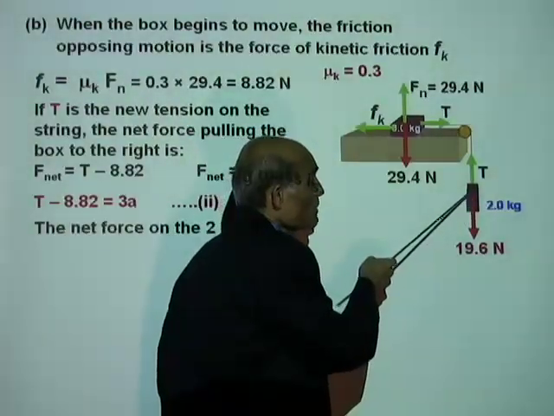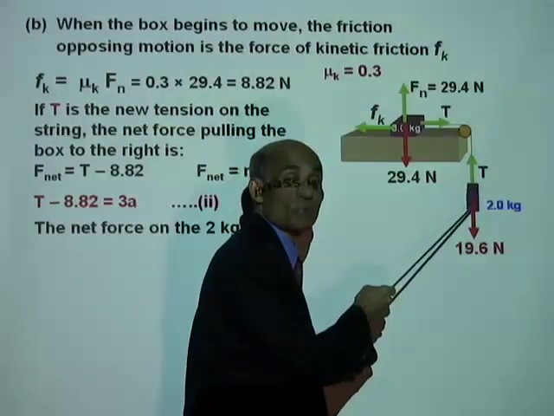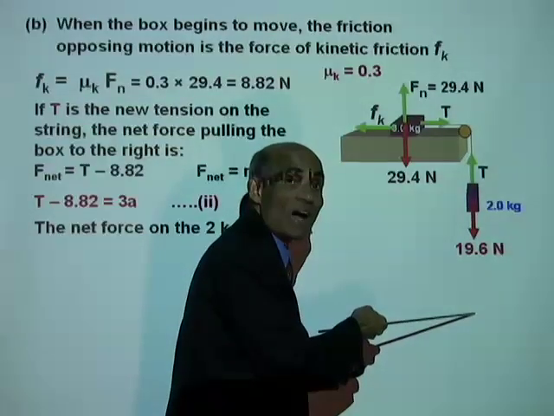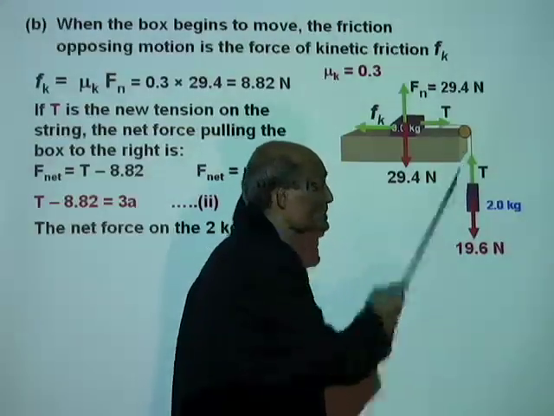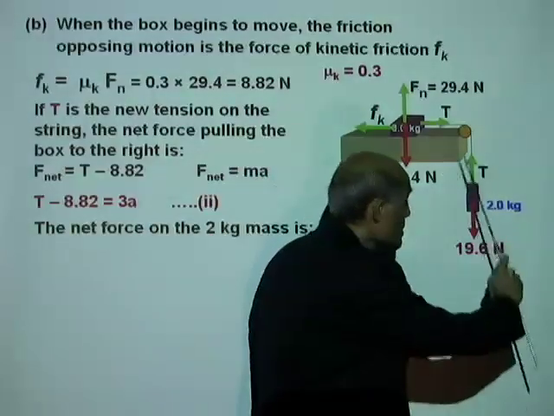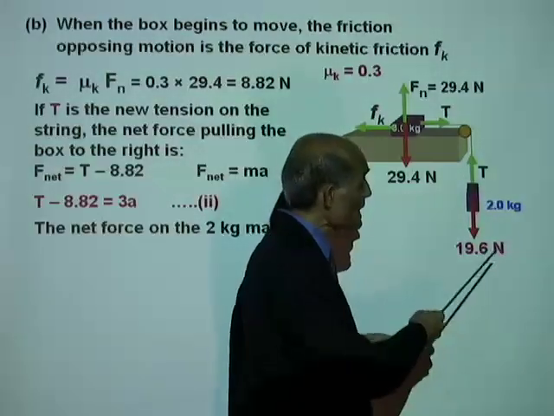Now, what are the forces now acting on the 2 kilogram? Well, the 19.6 will be acting vertically down, and the tension force will be acting vertically up. But the system is now moving down. That means there is a net force. What is that net force?